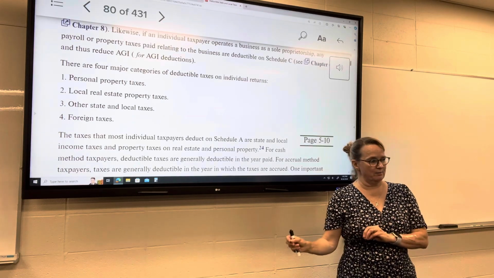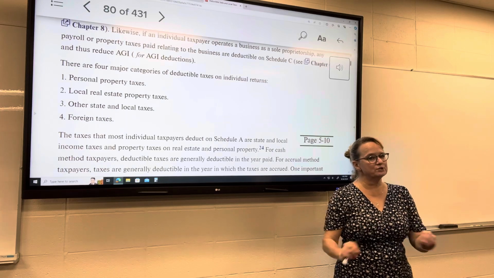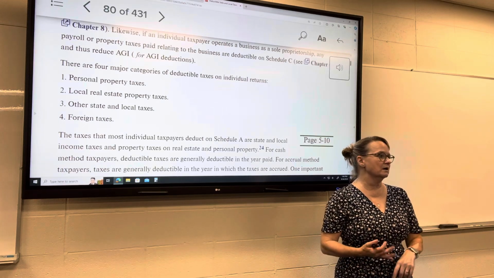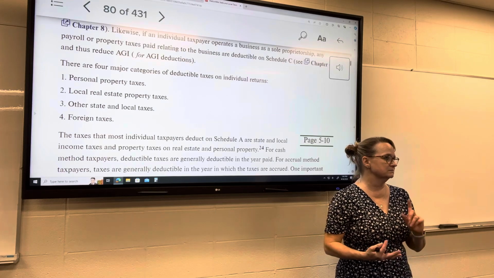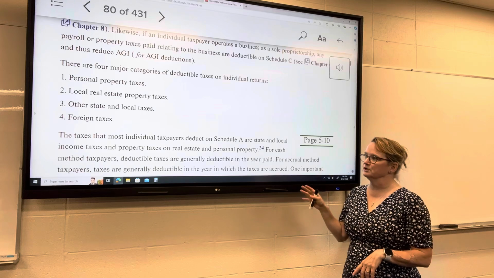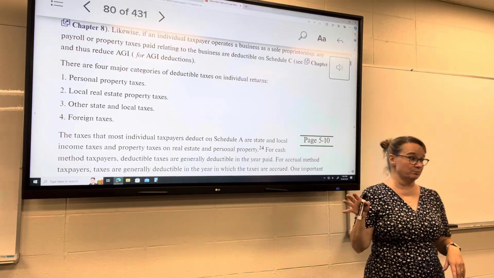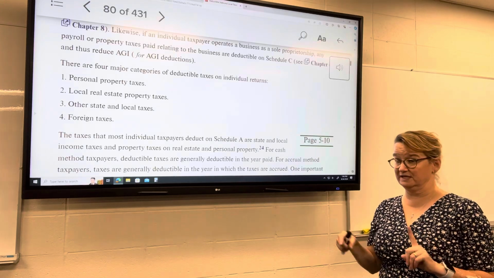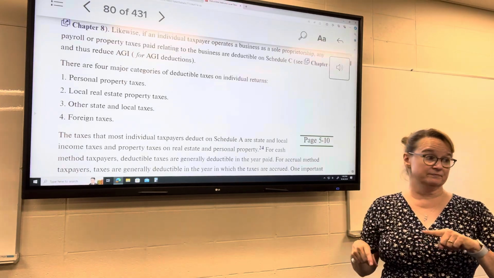It's not real property. It's not real estate. Personal property is anything that isn't real estate. So cars, boats, RVs, that sort of thing, is what they're talking about with regard to personal property taxes. And we'll talk about that distinction more when we talk about depreciation as well.